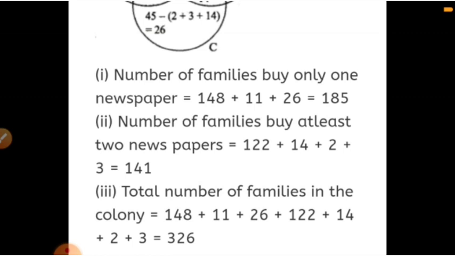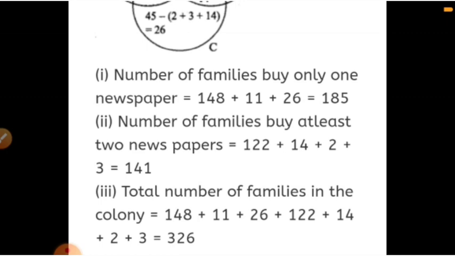Next, third one, total number of families in the colony is equal to 148 plus 11 plus 26 plus 122 plus 14 plus 2 plus 3, that is equal to 326.